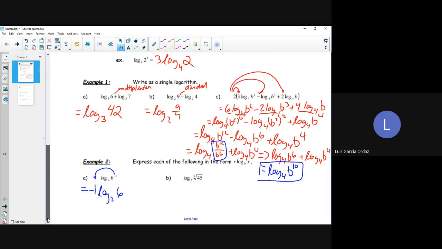And then the next one we have is log base 3 of the fifth root of 45. So what we need to do first is simplify the roots. So what would our single logarithm expression look like?